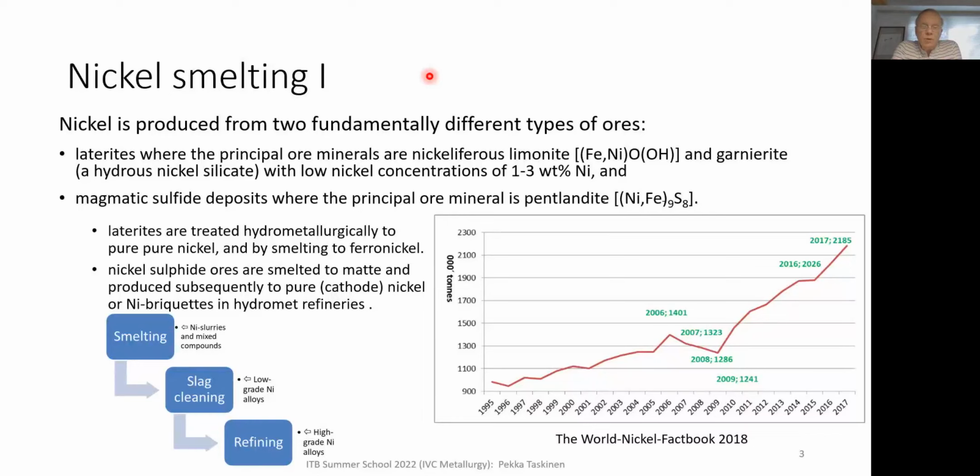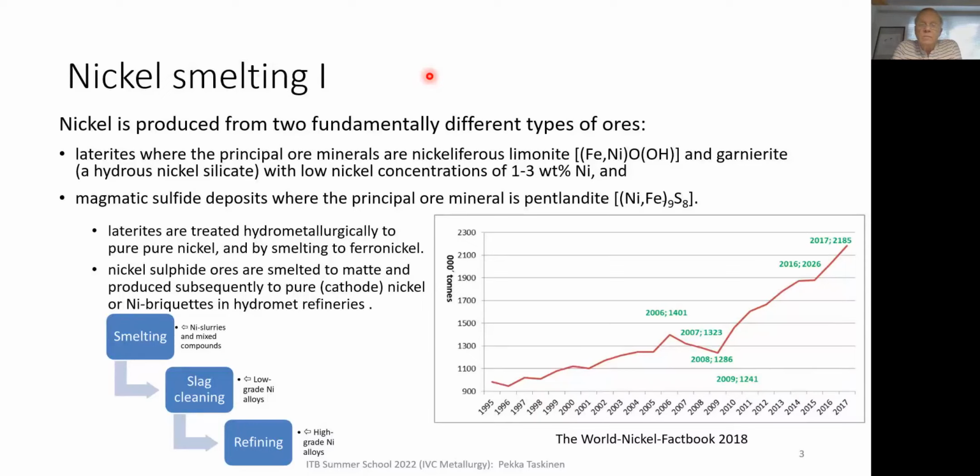The product of these lateritic nickel ores is typically ferronickel, but some smelters are also producing pure nickel and pure nickel products by sulfidizing the reduction products in laterite smelting.